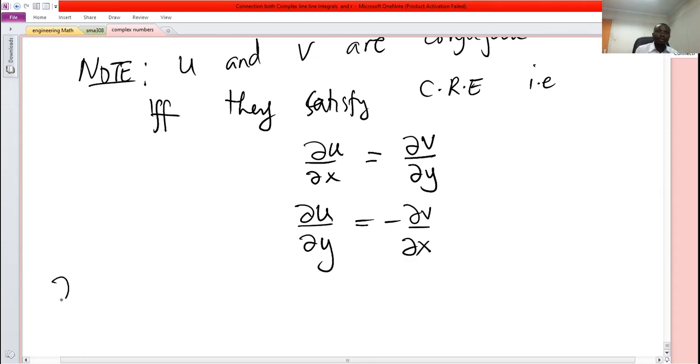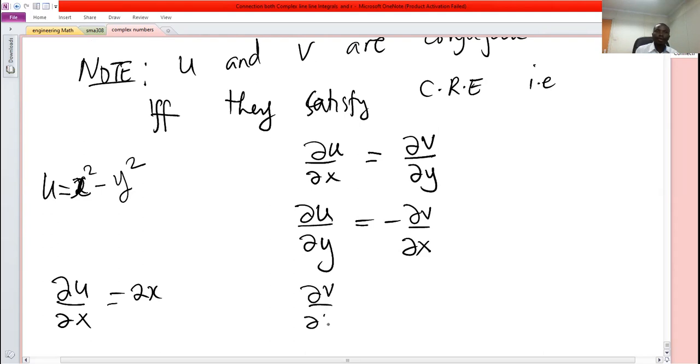Now from our calculation, remember u is given by 2 times (x squared minus y squared), so partial u partial x is 2x. Partial v partial y: remember v is given by y over x squared plus y squared.